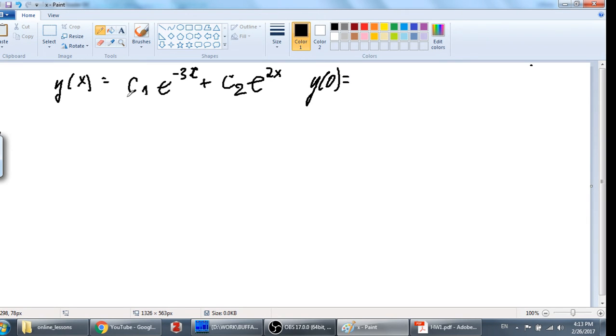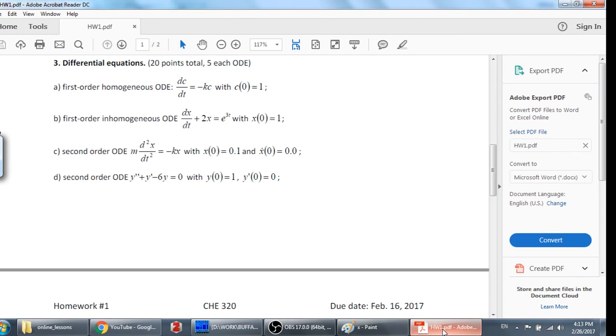What will it be? If you put 0 here and here, it's 1 and 1 here, so you basically have c1 plus c2, and that is equal to 1.